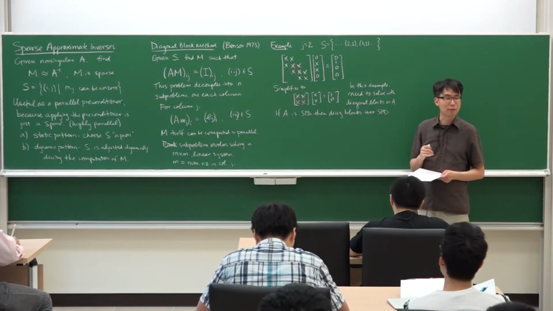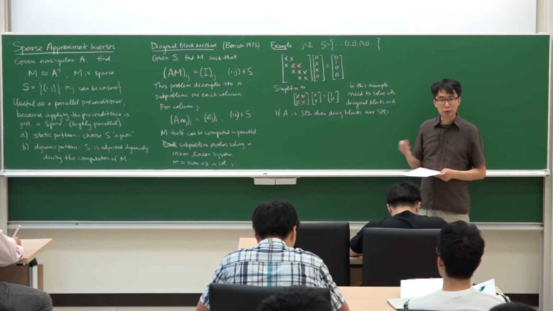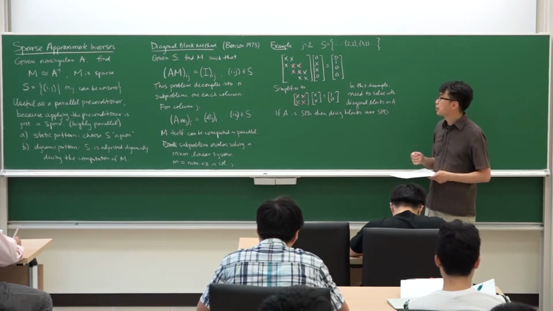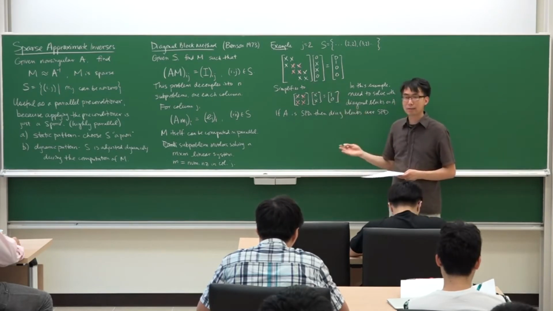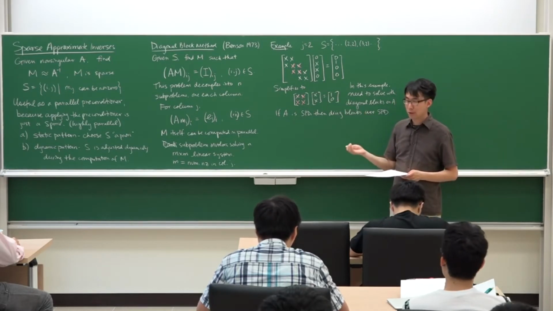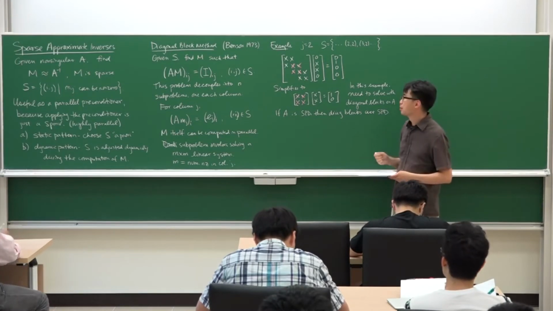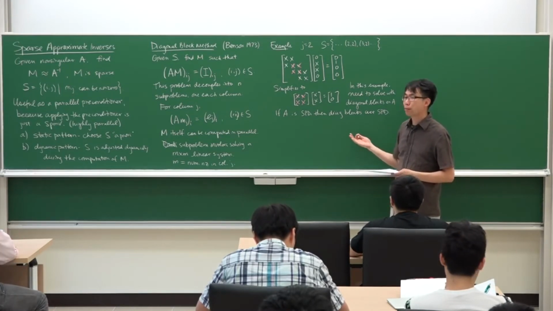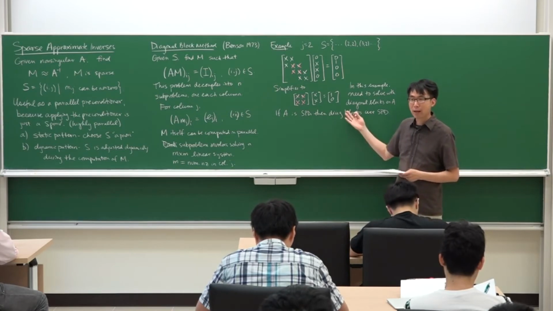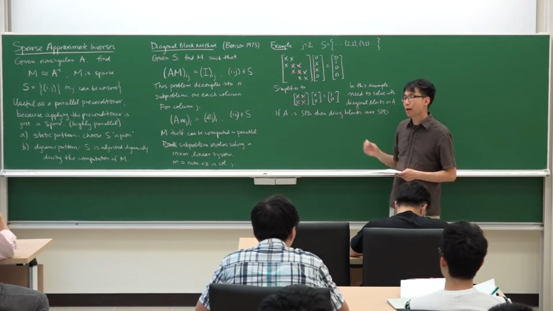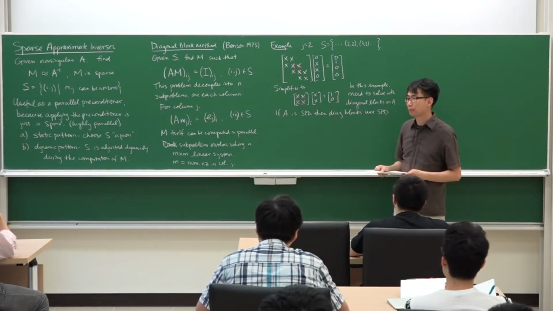But good, maybe, because sometimes you have a problem that is very dense. Suppose you have a dense problem that comes from a boundary element problem, for instance, and you want to compute a sparse approximation to it. You can do that relatively cheaply, assuming that the values that you're not using are going to be fairly small.